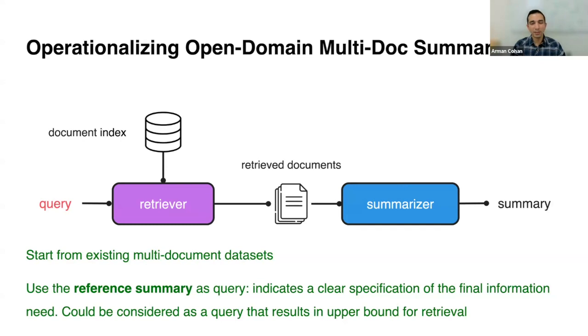One difference with query-focused summarization in general is that in this type of open domain, you have a very large document index where you first need to find which documents are relevant to a query. But in classic query-focused summarization, you are usually given the documents, and then the goal is to summarize those documents with respect to that query.